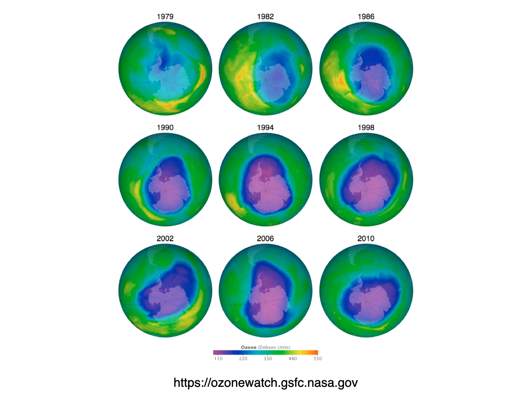What we're looking at is the maximum size of it in 1982, 86, 1990, 94, 98. So we can see how it's becoming much larger and a greater concentration of ozone is being destroyed. 2002, 2006, and 2010.